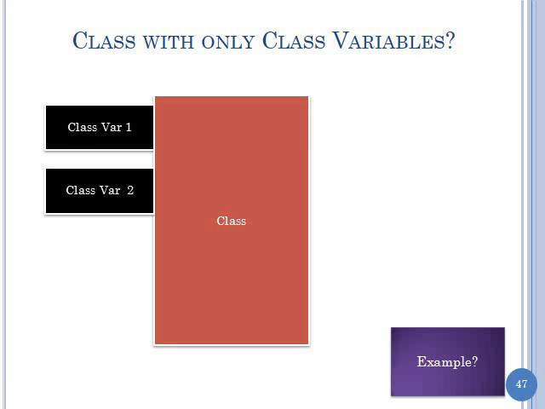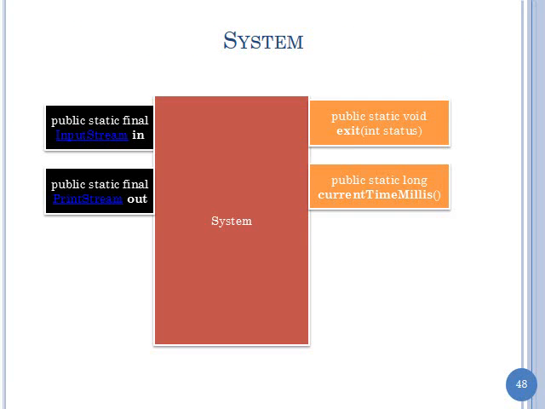Okay? But the best analogy I can come up with is in System. So this is an example of such a class that you might have. That System. You guys have been saying System.in, System.out. Okay? These are just class variables, and these are final variables. So you can't go and change them.